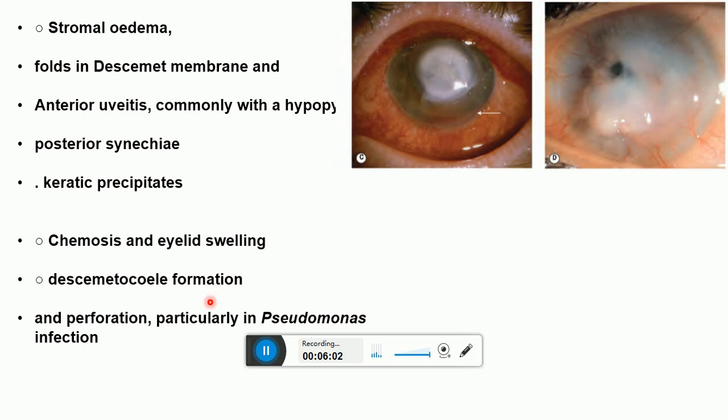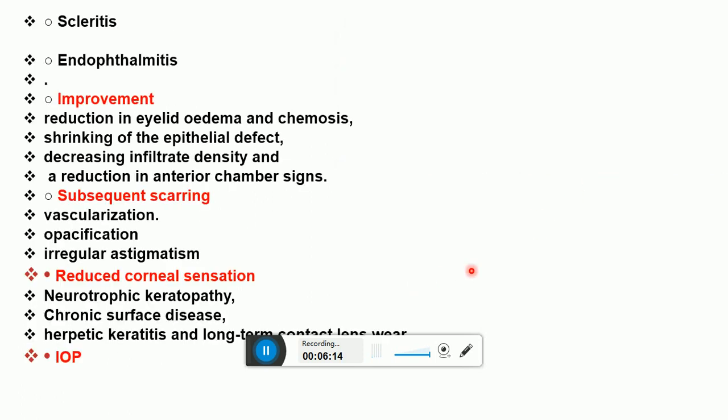Severe ulcer may lead to descemetocele formation and perforation, particularly in Pseudomonas infection. Here you can see scleritis can develop, particularly with severe perilimbal infection. Endophthalmitis is rare in the absence of perforation.